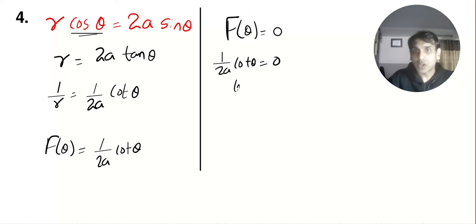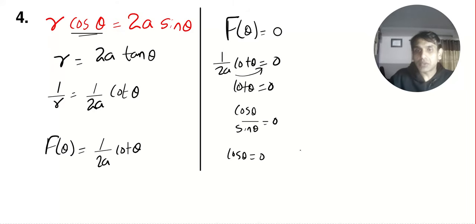That gives me cot theta equal to 0, because if you multiply both sides by 2a, that 2a will vanish. So we get cos theta by sin theta is equal to 0. So cos theta equal to 0 means we are going to get theta equal to odd multiples of pi by 2. So you'll get an infinite number of values.